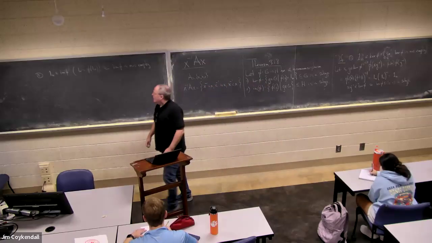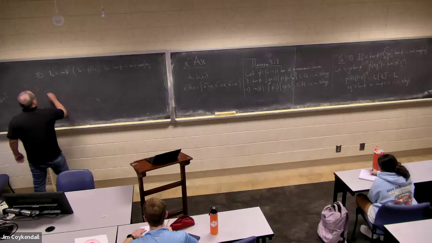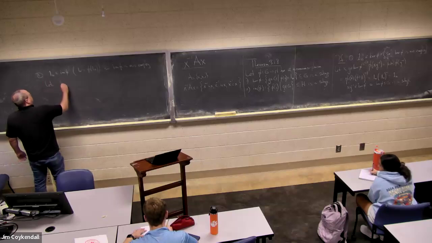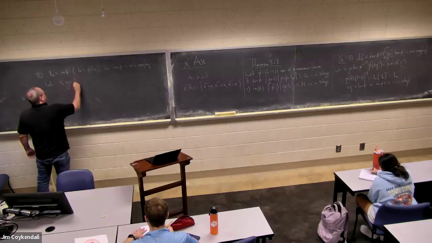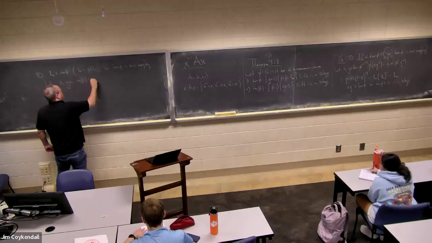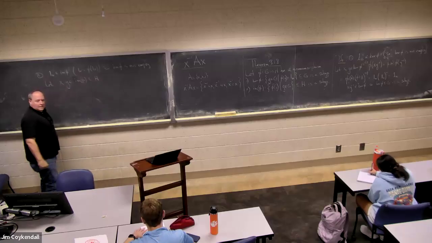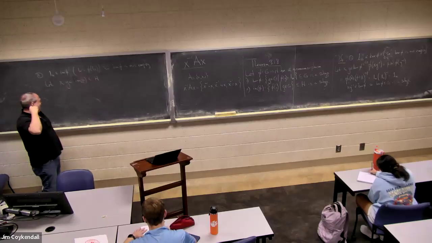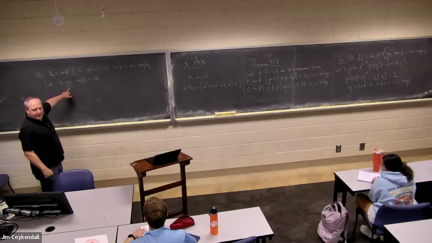So I'm going to do the subgroup criteria here. Let x and y be in the image of phi. What does this mean?